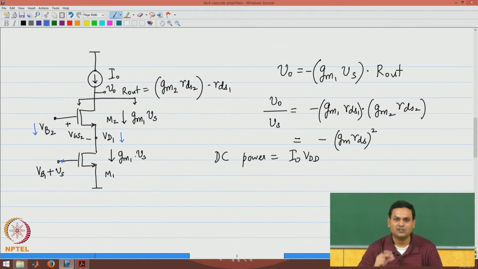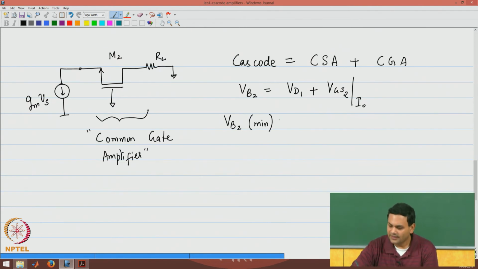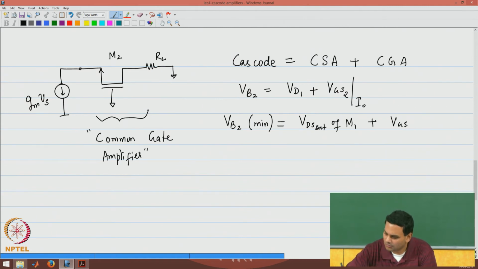Eventually, it will hit the edge of the triode region, beyond which we do not want to move. Therefore, the absolute minimum voltage possible will clearly happen when VD1 is equal to VDsat of M1 plus VGS2.